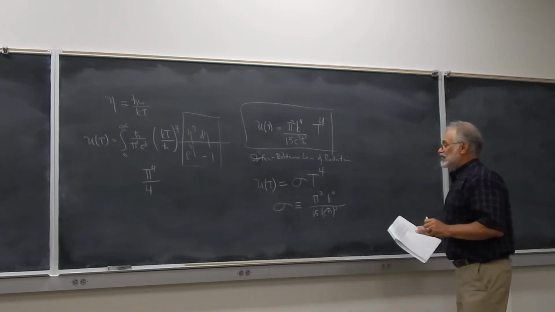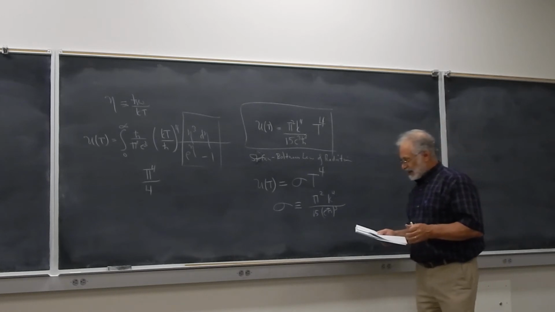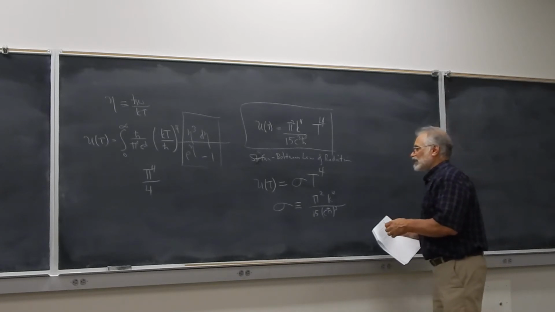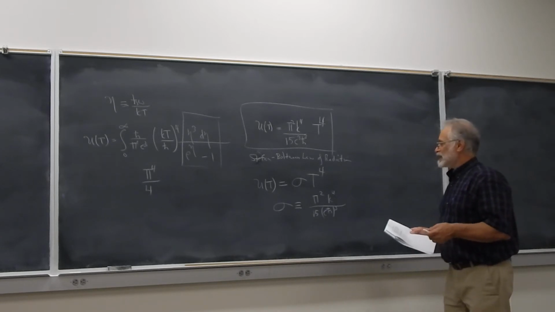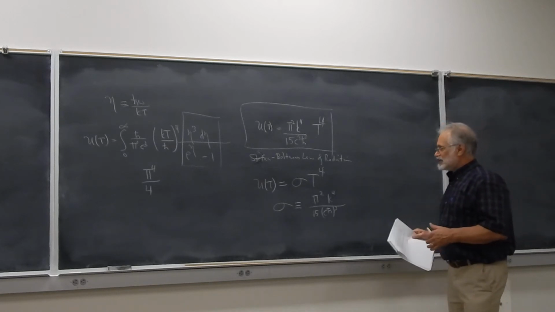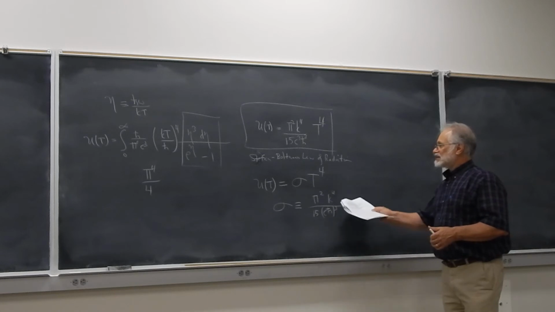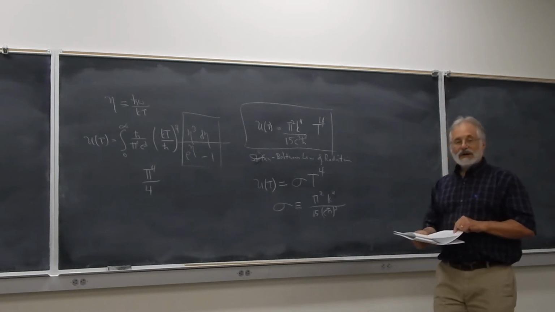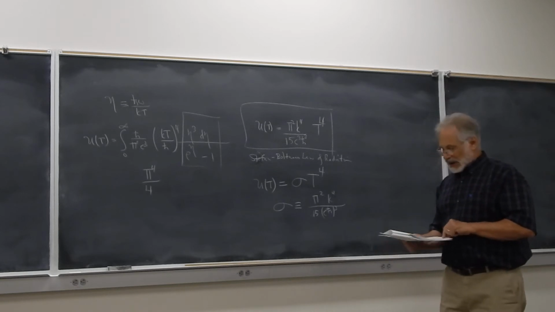As I say, this was empirically determined in 1879. Boltzmann explained it, or was able to derive this T to the 4th dependence for energy, in about 1884, but it took the work of Planck to arrive at the whole theory behind this blackbody radiation law.